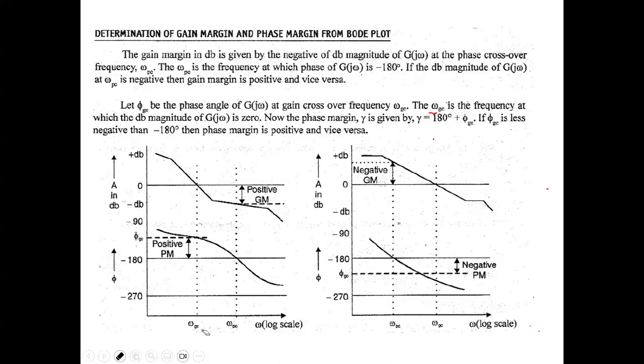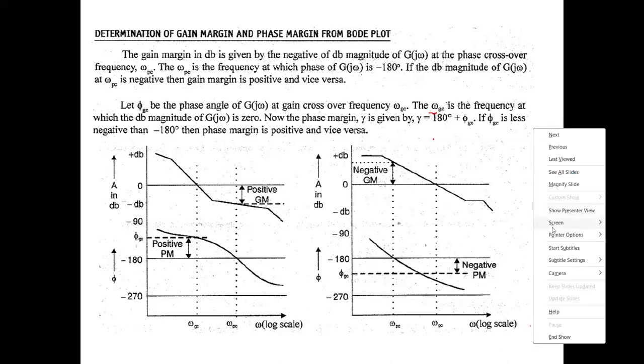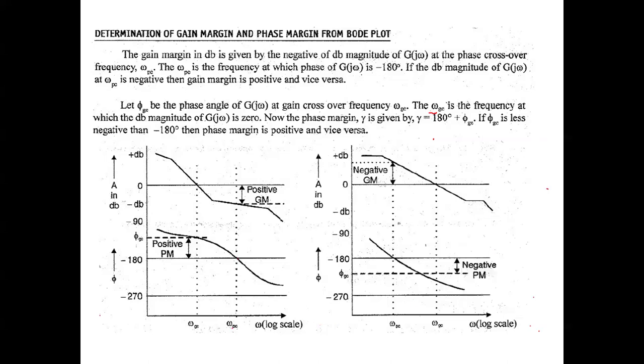Okay, see this condition, omega GC and omega PC. What is the relation? Can anyone tell? Omega GC value should be less than omega PC here, right? And here omega PC is less than omega GC.